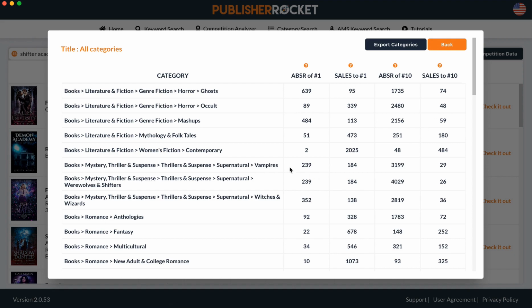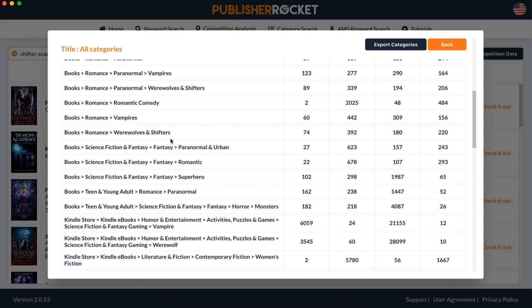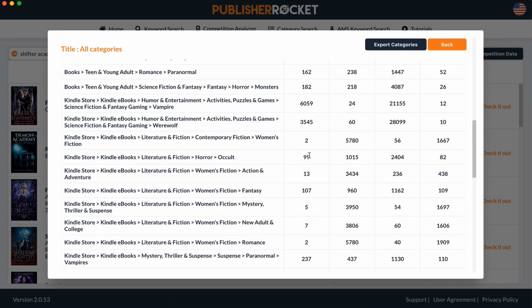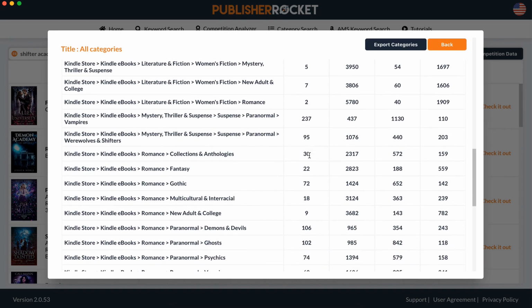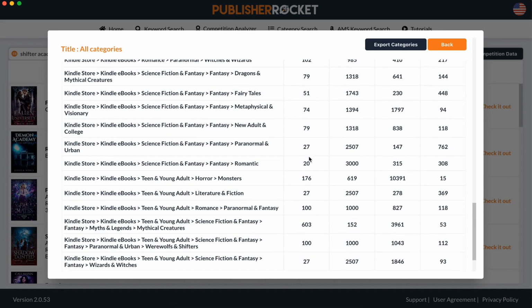So you can see different categories have different ABSR ranks. These genres are generally pretty well ranked. You've got a lot with the #1 book, or even the #10 book in the top 100, which means it's selling really, really well.